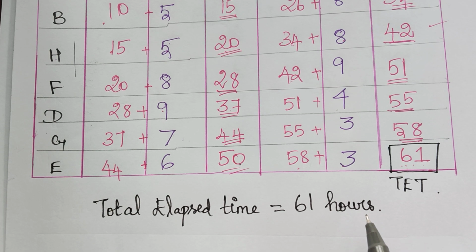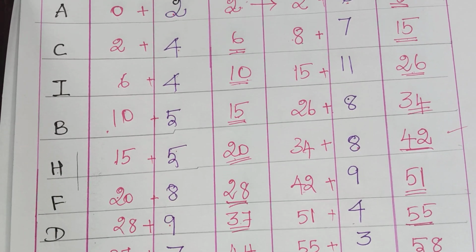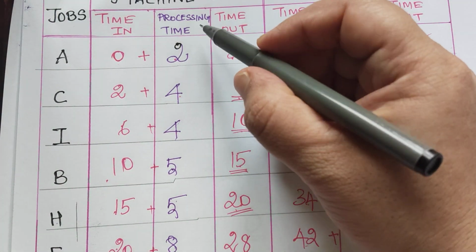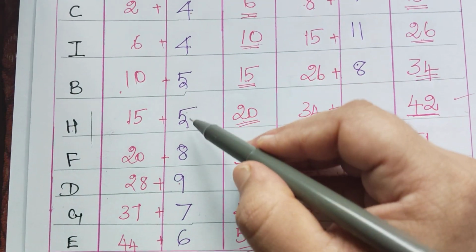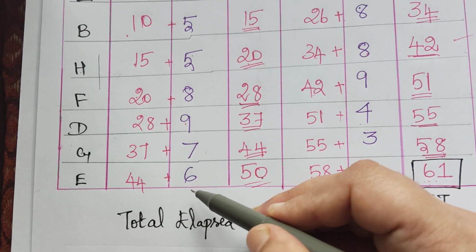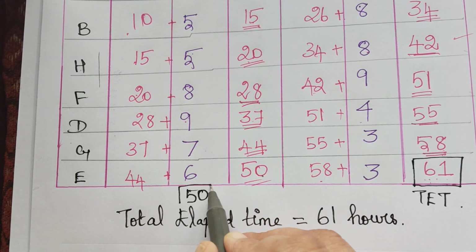Next we have to calculate the idle time for mission 1 and the idle time for mission 2. In order to calculate that, we should first add all the processing times for mission 1. So if you add 2 plus 4 plus 4 plus 5 plus 5 plus 8 plus 9 plus 7 plus 6, you get the total processing time as 50.